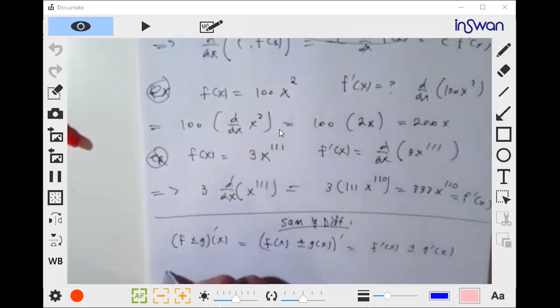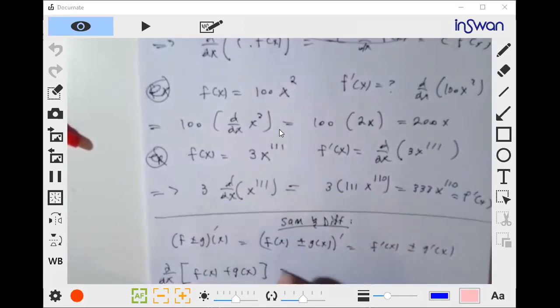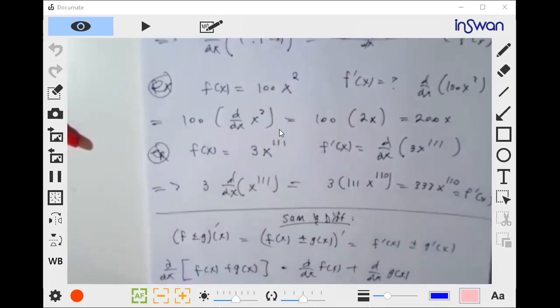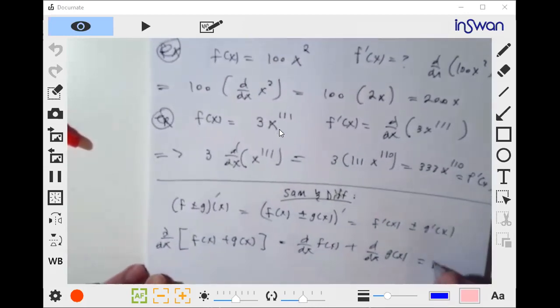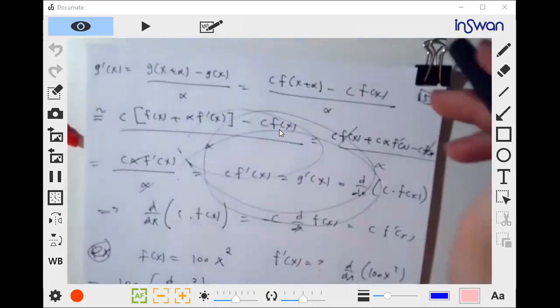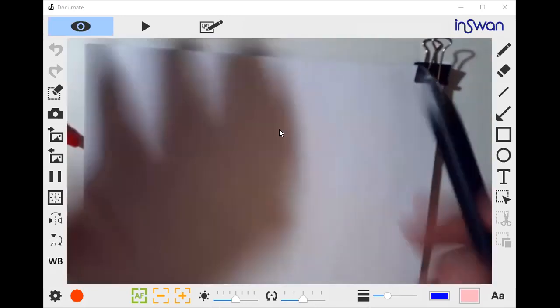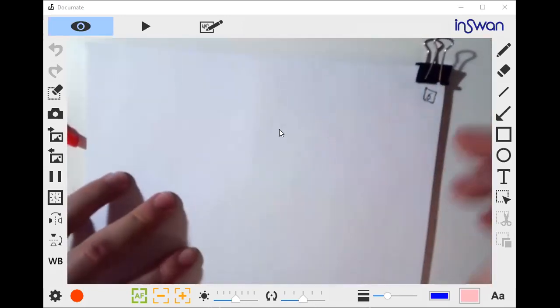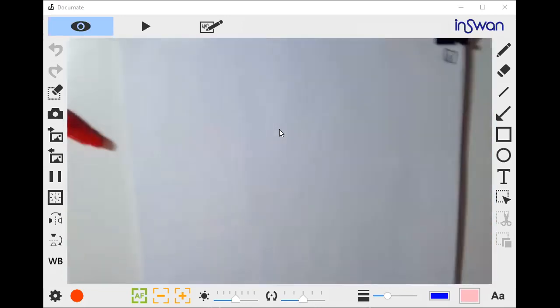Why is this the case? Well, because d dx of f of x plus g of x is d dx of f of x plus d dx of g of x, because the differential operator is linear. So this becomes f prime of x plus g prime of x. But let's prove that. I'm just saying that this is true. Let's show it. And again, you guys don't need to know how to prove it, but you just need to know how to use it.